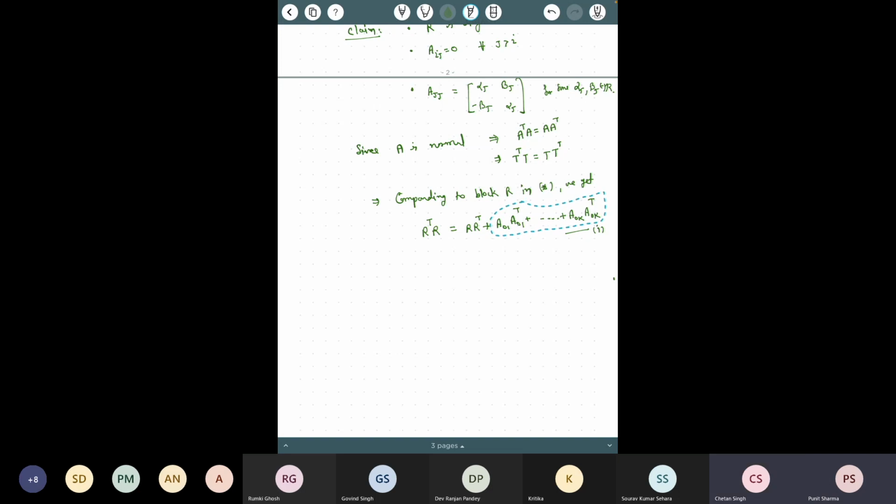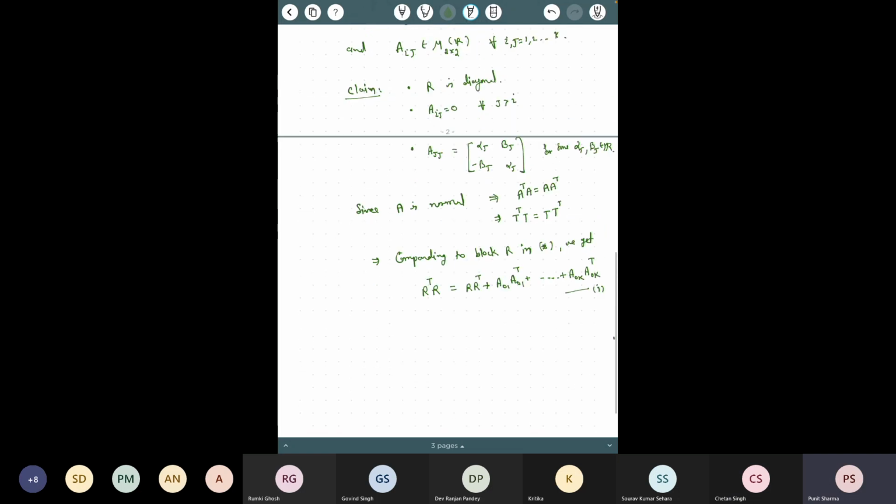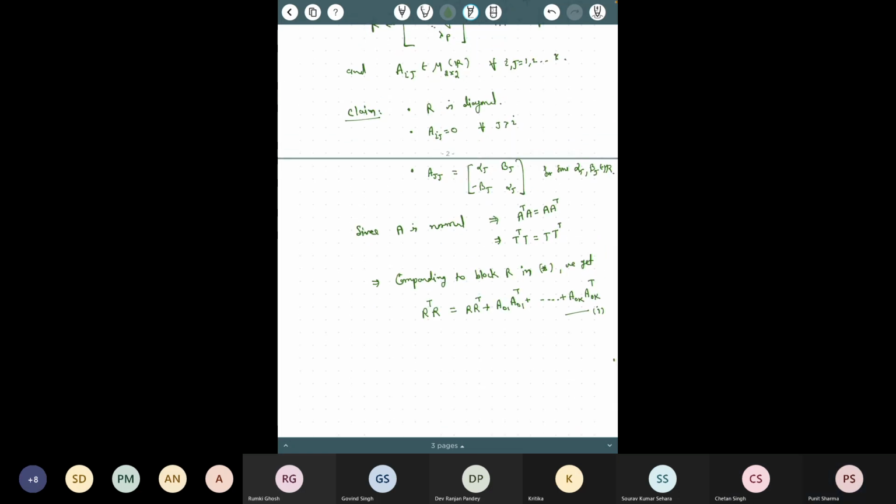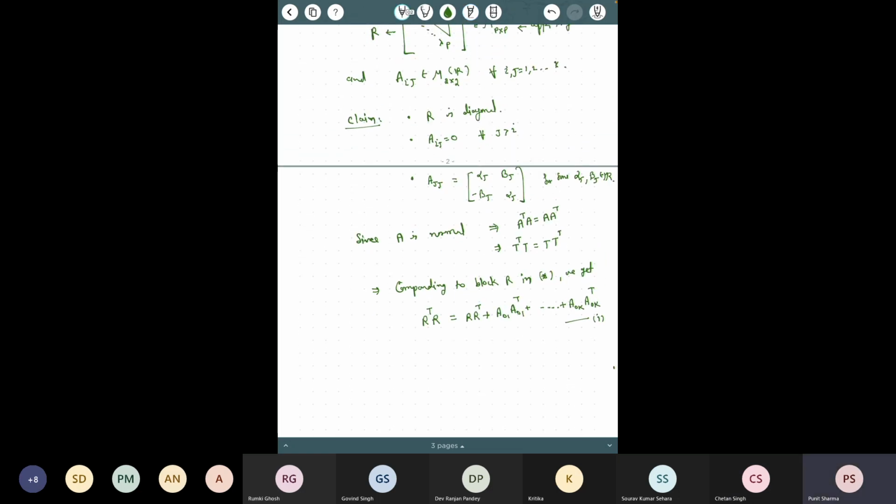We want to show that when J is greater than I, Aij is 0. Sorry, can you repeat? What did you say? J is greater than I, Aij is 0. No, this is not given. This is what we have to show here.